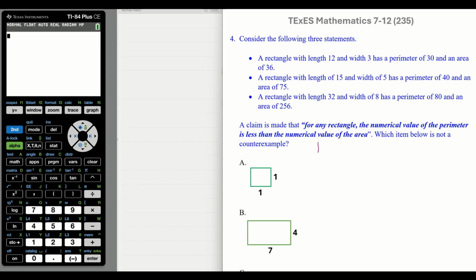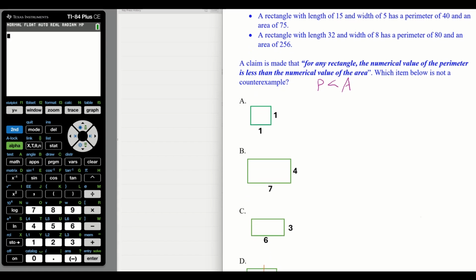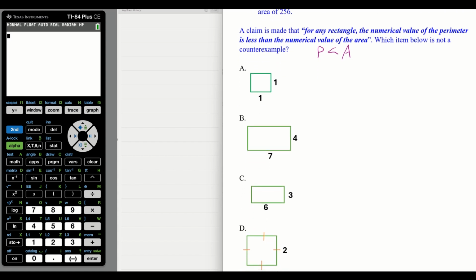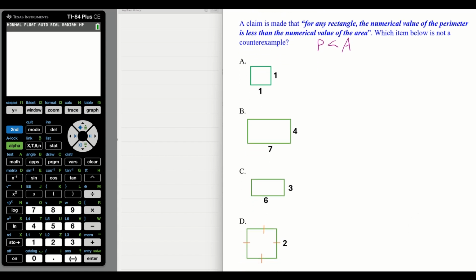So they're saying that P is less than A. Okay, I can see that. Which item below is not a counterexample? Well, you just got to put this in the calculator and come to a conclusion. Do we have P less than A? All right, which one is not a counterexample?